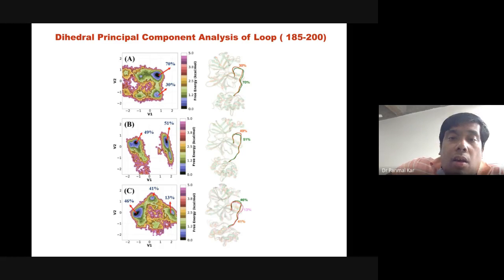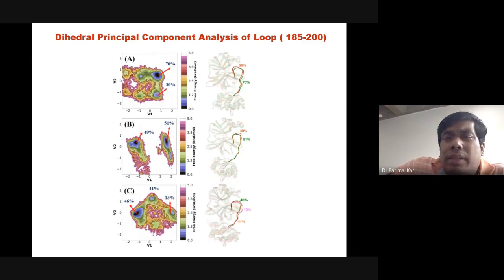Now when alpha ketoamide binds, you get two distinct conformations, which are actually equiprobable conformations. I have shown this loop plotted on the right hand panel. And for C also you see that multiple conformations are possible: 46%, 41%, 13%.